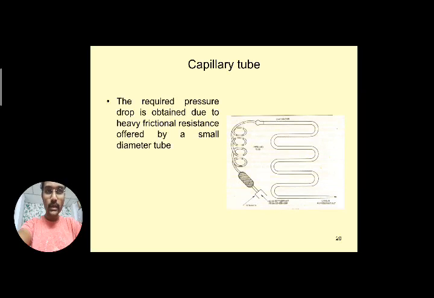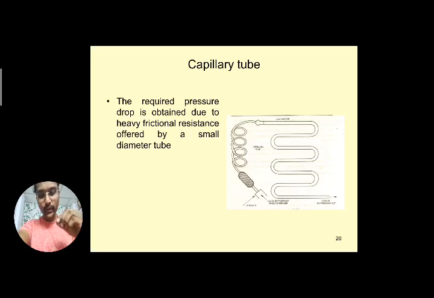Okay, so we'll see here. This is a very important point. How is the pressure drop obtained here? That is due to heavy frictional resistance offered by a smaller diameter tube. So with a very small diameter, more pressure drop will take place. That is the first thing.